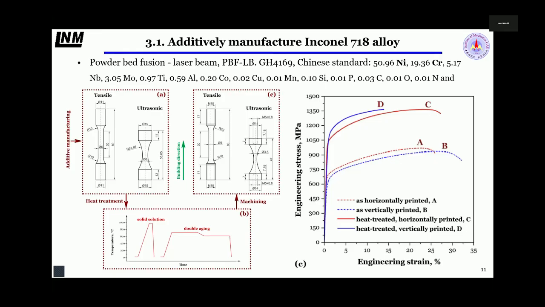This is the heat treatment strategy. We use solid solution and double aging. So we obtain this tensile curve. It has very good tensile strength, and the ductility is still usable.